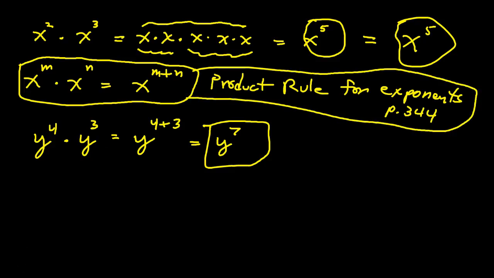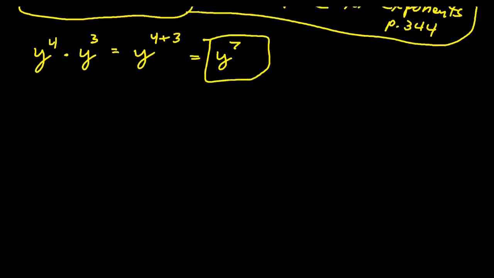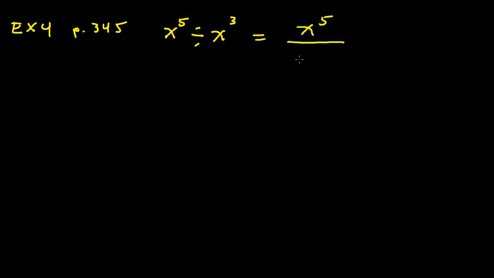If we look at example 4 in our text on page 345, we suggest there might be a similar rule when dividing exponent expressions. The book says in example 4 to divide x to the 5th by x cubed. That's equivalent to writing it in a fractional sense, x to the 5th over x cubed.